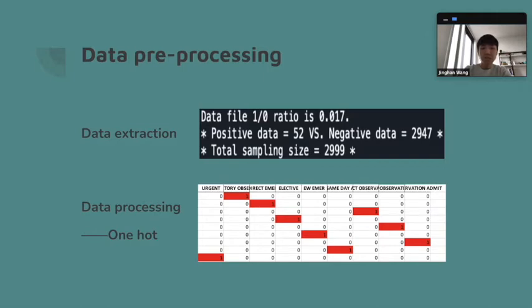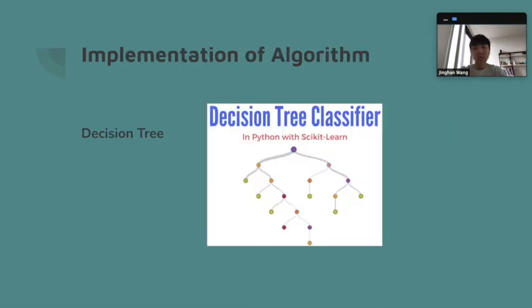The processed data is then input into the model, and an algorithm is applied to process the data to obtain the prediction result. The algorithm we use here is the decision tree. This is one of the common algorithms used in prediction models.